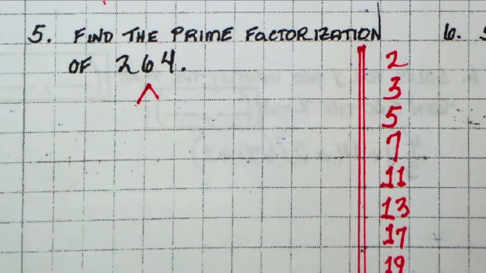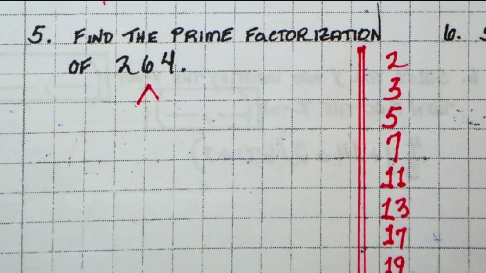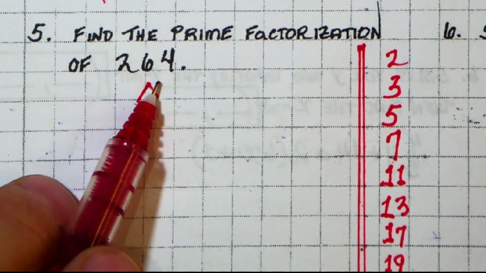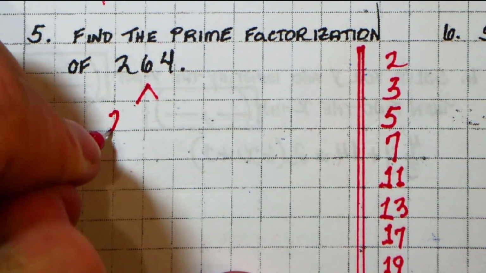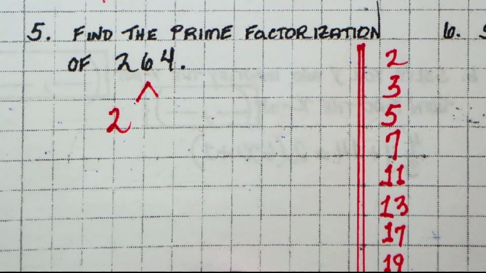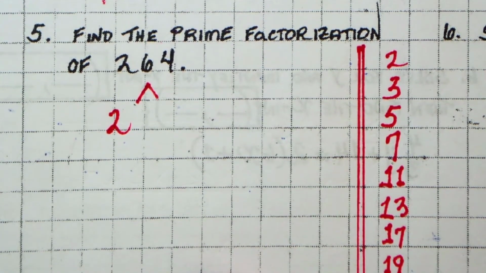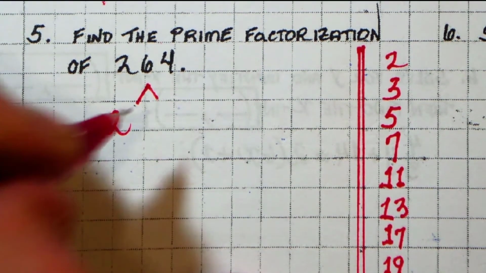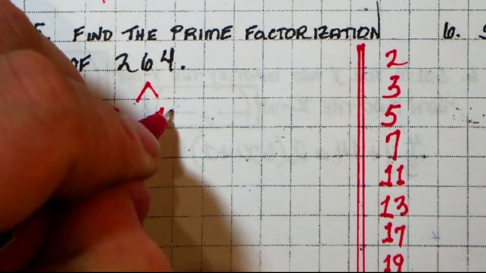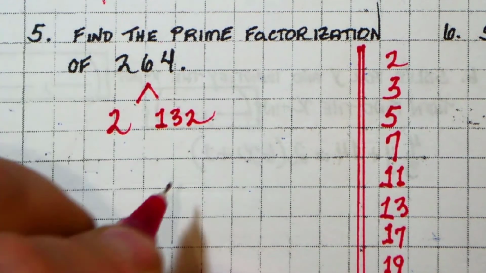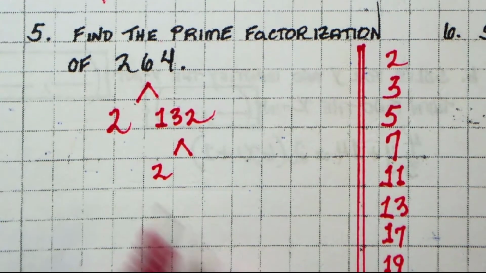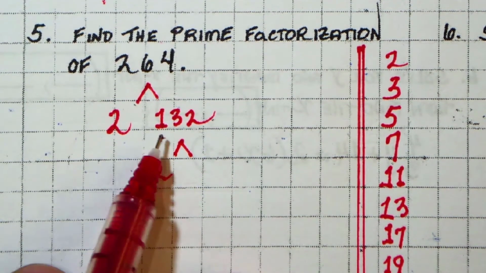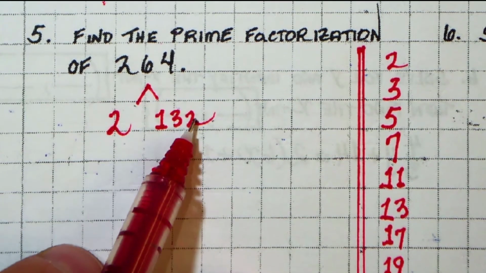I'm kidding. Not really. Okay, so Andrew said 264 is an even number, so it's divisible by 2. Can you do it in your head? 132? Yeah. Here's another number ending in 2, so I should be able to divide by 2. 2 goes into 13 six times, carry the 1.